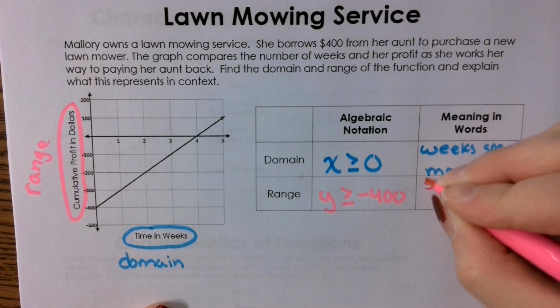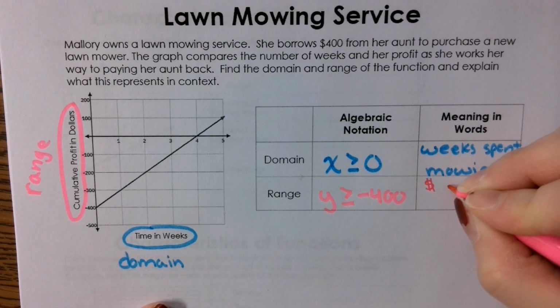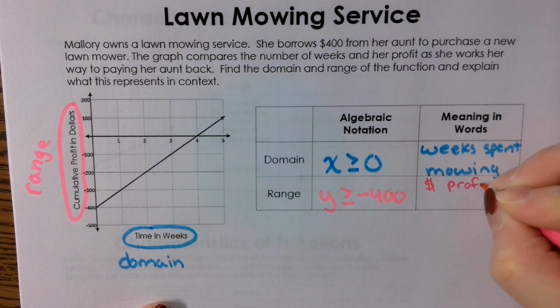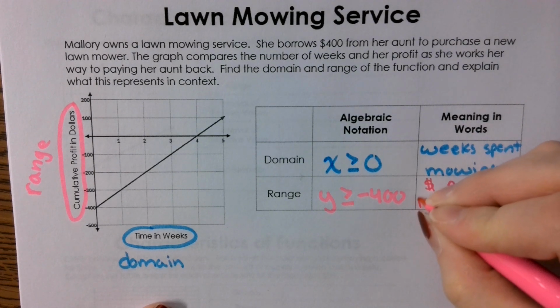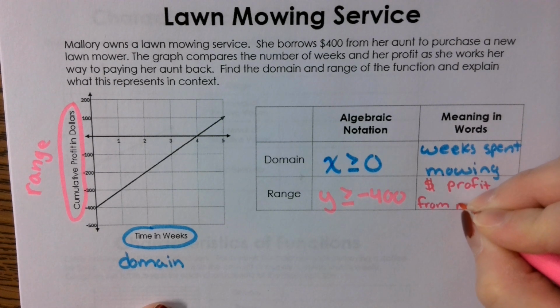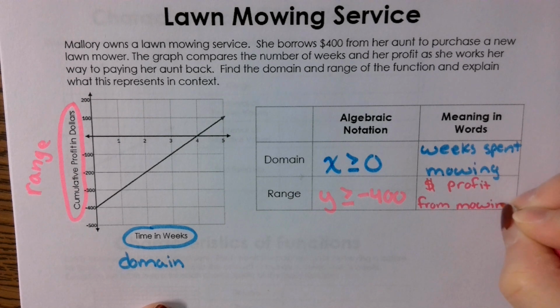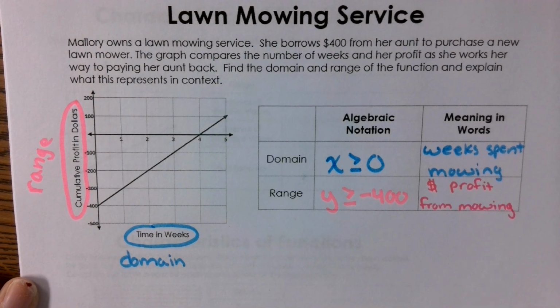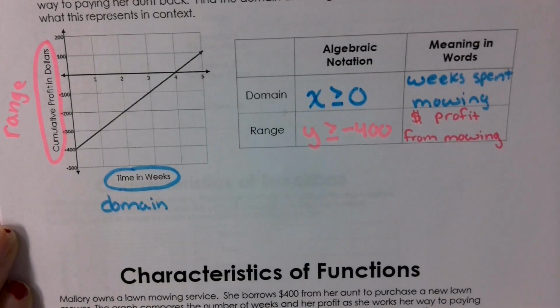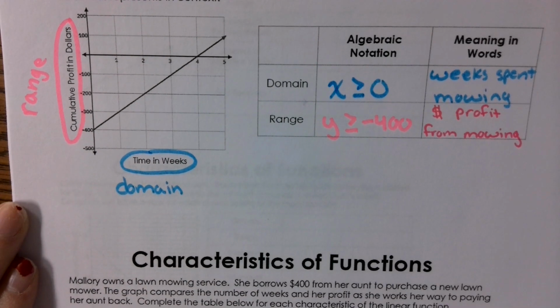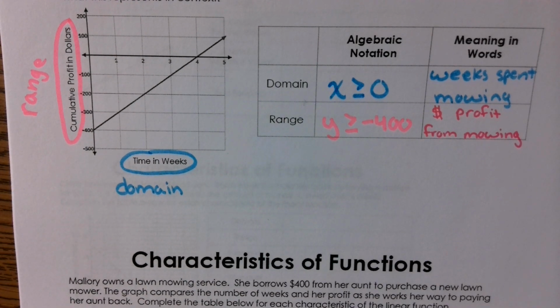Okay, so our meaning is the money profit from mowing. Okay, so we are making sure that we have an understanding of what these graphs are relating to, not just numbers, but they do have context to them.